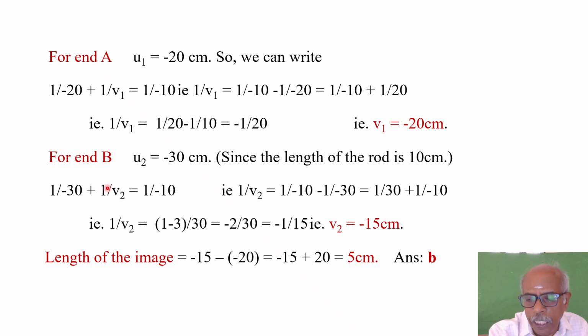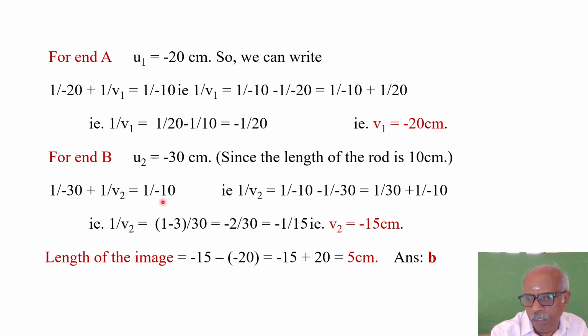For end B, U2 is equal to minus 30 centimeter, because the length of the rod AB is 10 centimeter. So the closer end is at 20 centimeter and the farther end is at 30 centimeter. So now in the equation, instead of 1 by minus 20, you put 1 by minus 30. This is 1 by V2, the distance between the image and the mirror, equal to the focal length, which will not change.